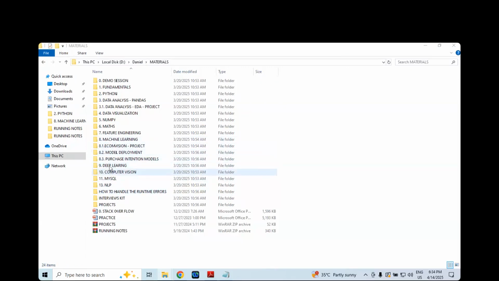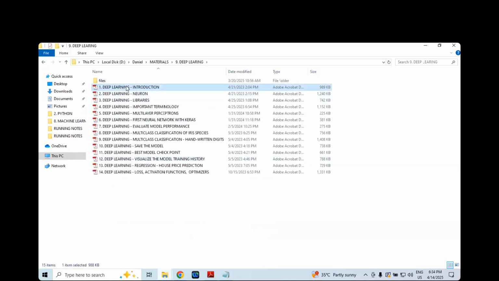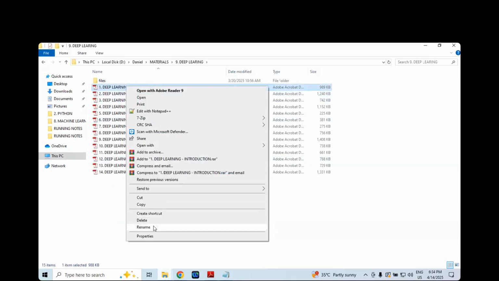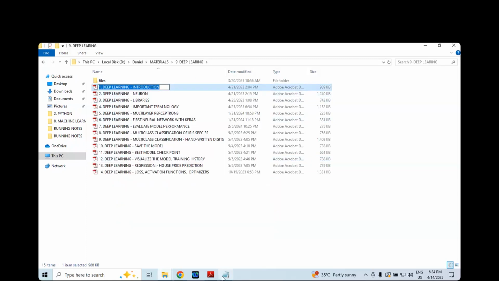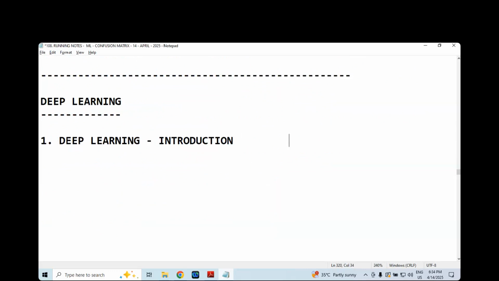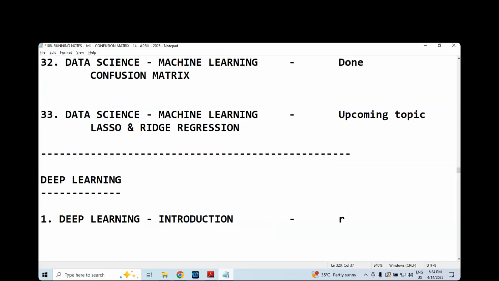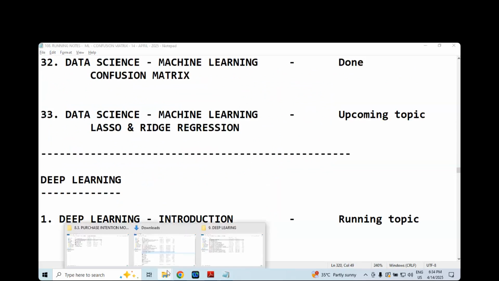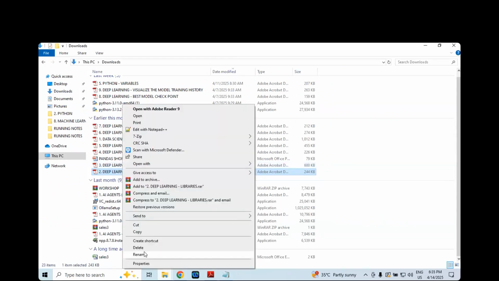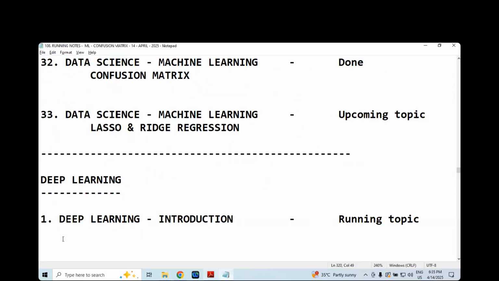Go to deep learning. Step by step I will cover, you will get an idea.